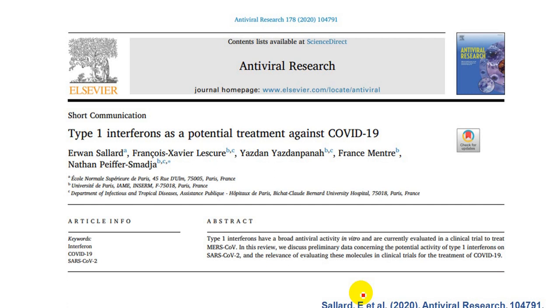Cytokine storm, which I discussed earlier, is one of the major reasons why COVID-19 patients die, or later develop into multi-organ failure.